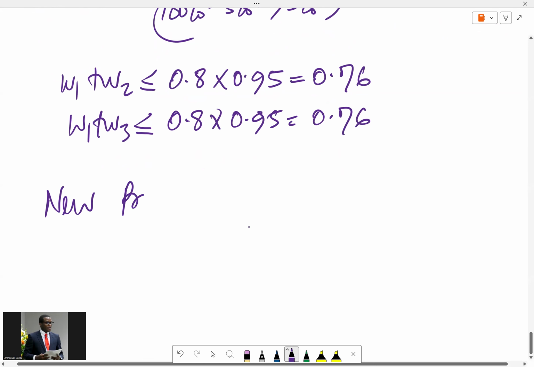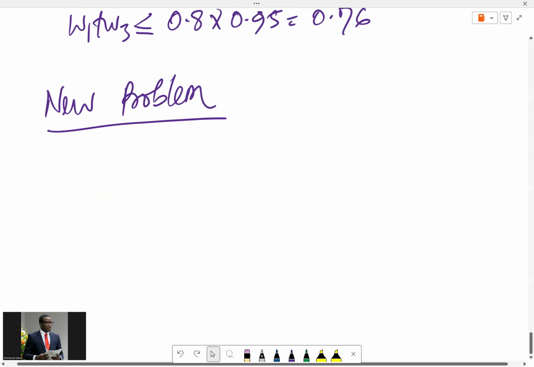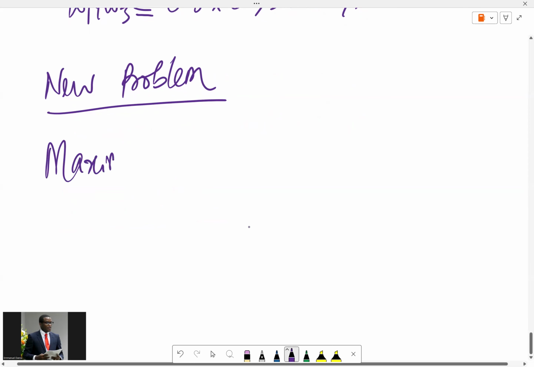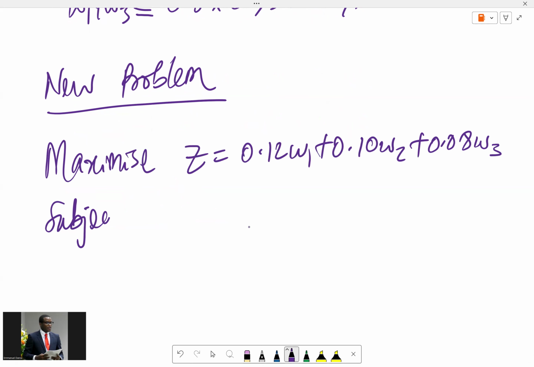So what's the new problem? Let me make it formal. You want to maximize Z equals 0.12 W1 plus 0.10 W2 plus 0.08 W3, subject to W1 plus W2 is less than or equal to 0.76.